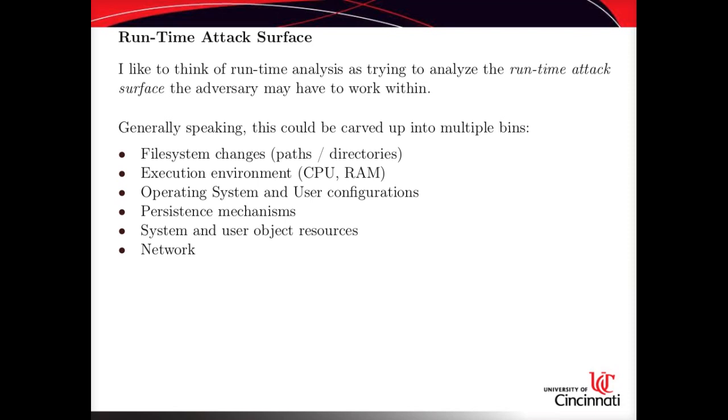In order to achieve this in Windows, most of the time you need to create system level or user level object resources. Some of these have very specific arbitrarily chosen names, and some of those names are hard-coded, or need to be hard-coded, by a malware author.